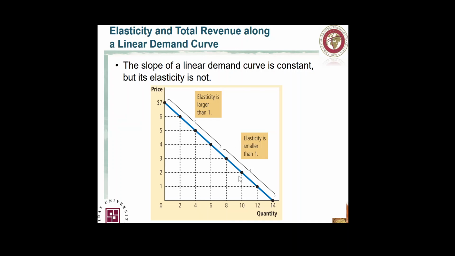So all this part, low prices, high quantity demanded, like 8, 10, 12, 14, relatively high with respect to the others here, has elasticity less than 1, that is inelastic.